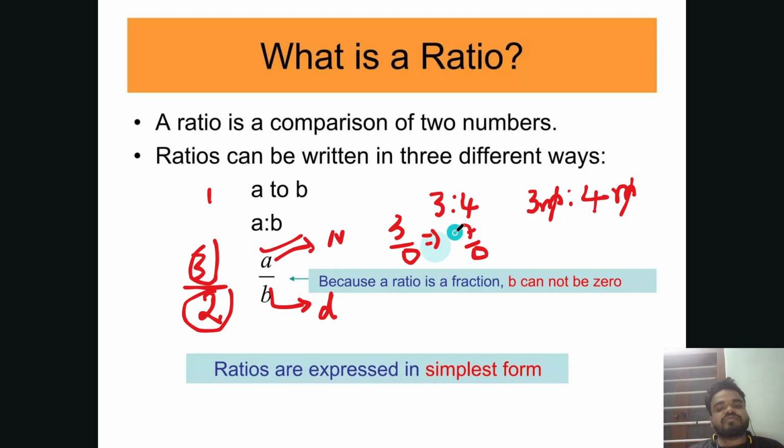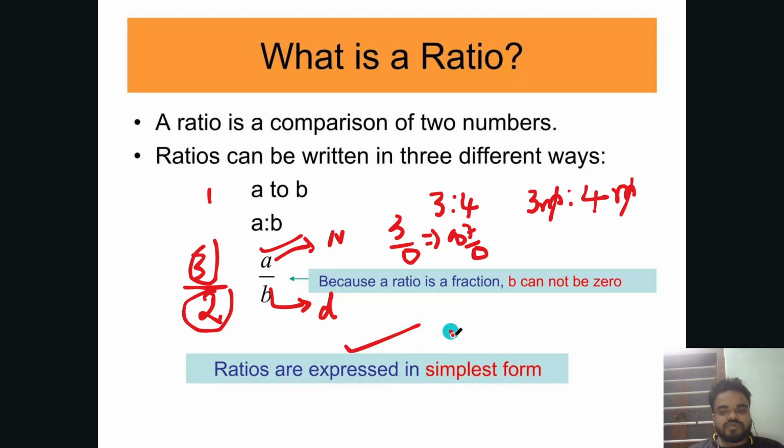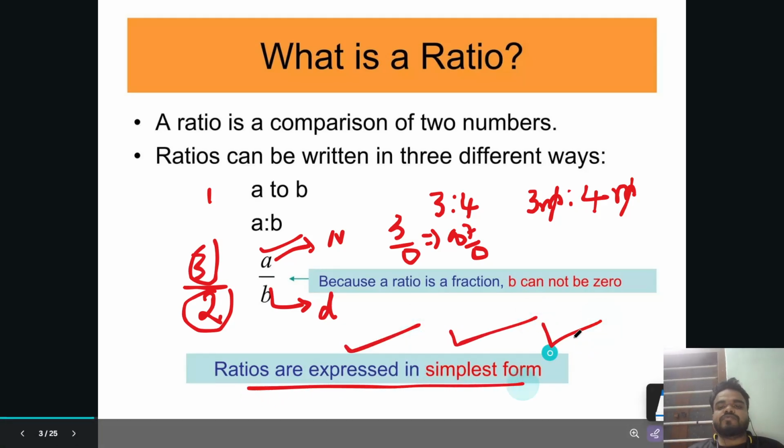What is that? It is undefined, right? So b has some limitations. Here is an important point. Ratios are expressed in simplest form. Keep it in mind. Ratios are always expressed in simplest form.